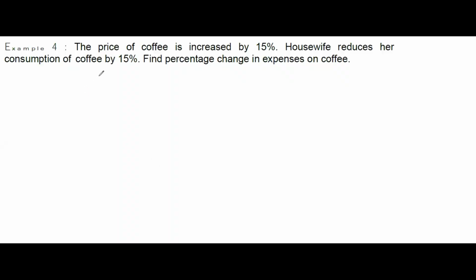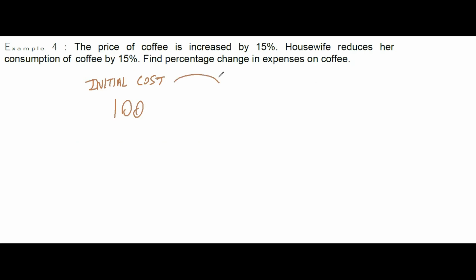Fine. So the next question which we have is: the price of coffee is increased by 15%, and the housewife reduces her consumption of coffee by 15%. Find the percentage change in expense on coffee. So here I will assume the initial cost of coffee to be 100.